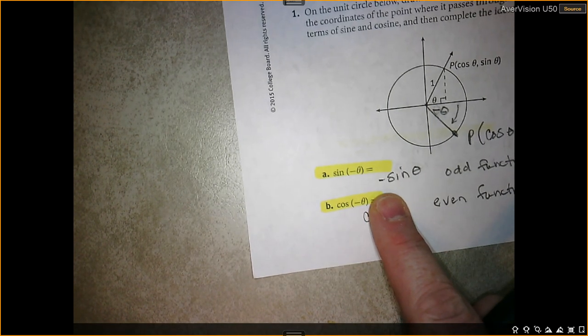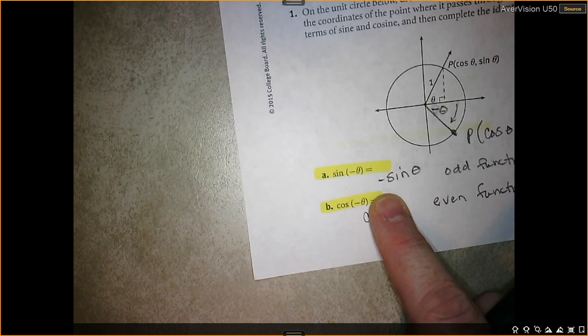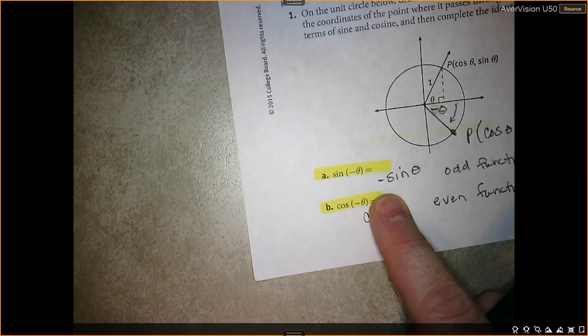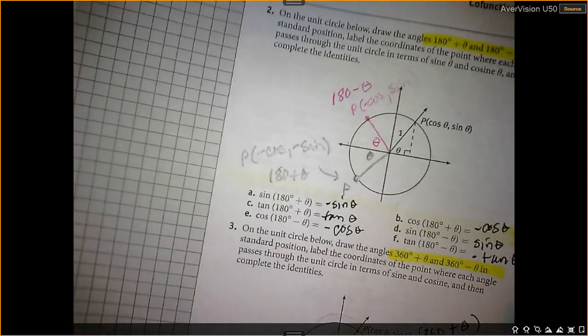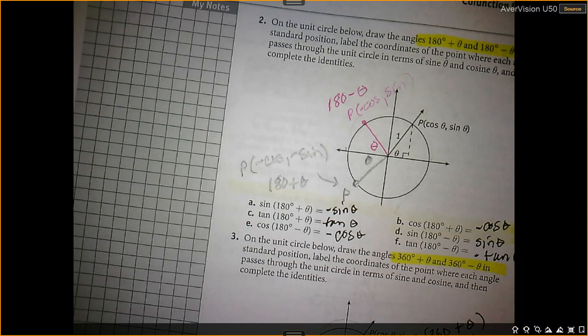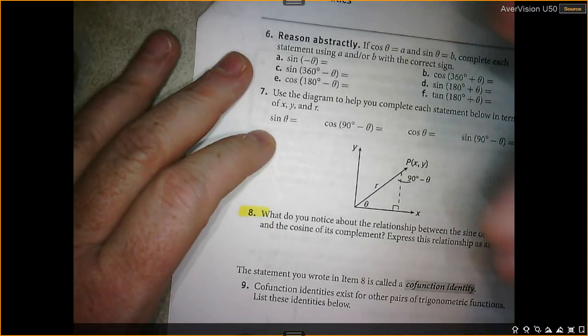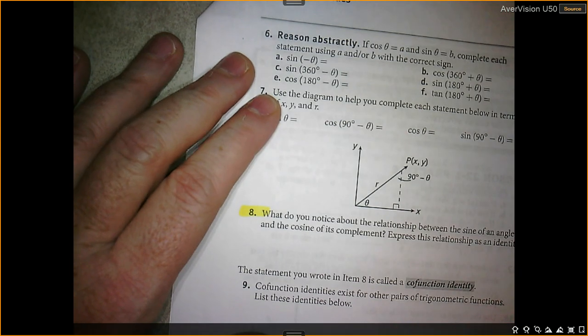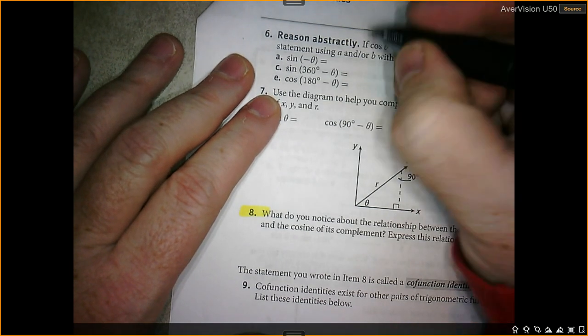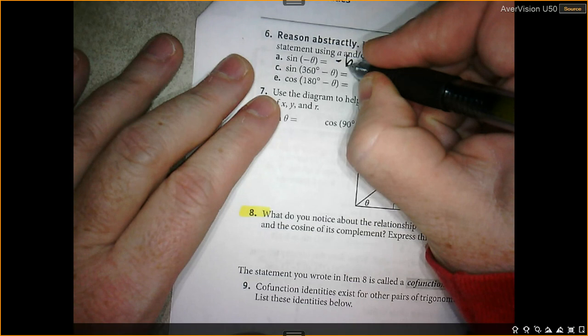So it's just more details. They're just having you keep reminding yourselves, what is sine of negative theta? Well, sine of negative theta is negative sine theta. So just more identities we need to learn. And this is how we're getting them. So basically what we're doing is using the unit circle to create more identities. So that's what this is doing. So sine of negative theta, well, if sine equals B, then this would be negative B.